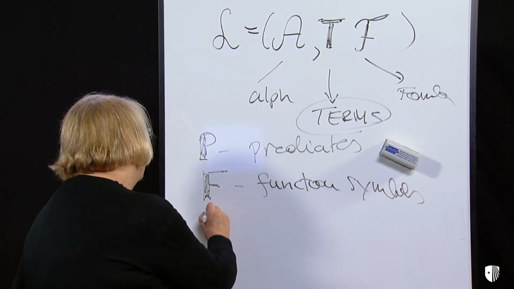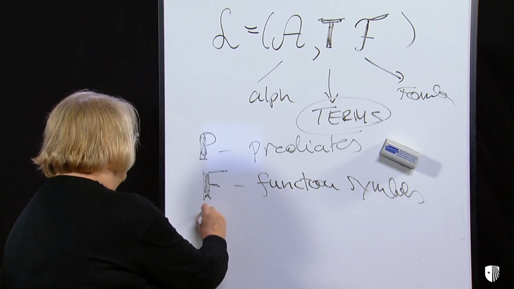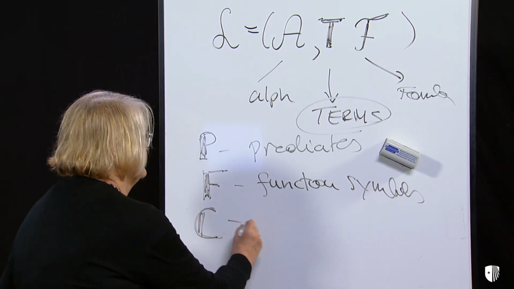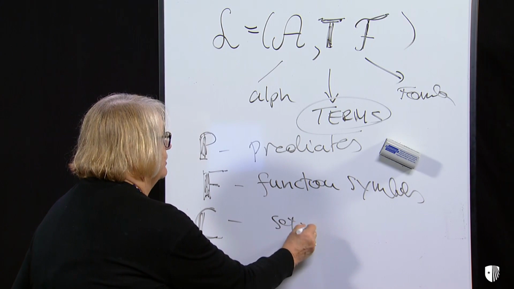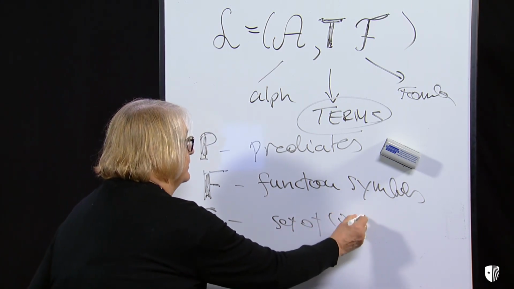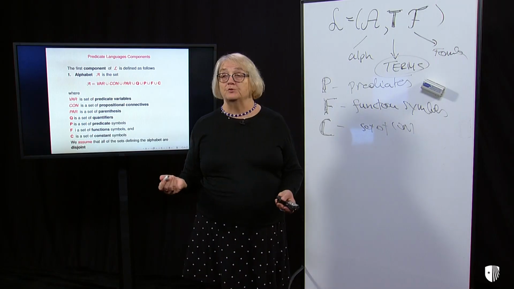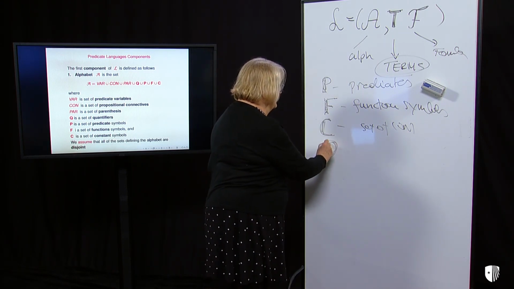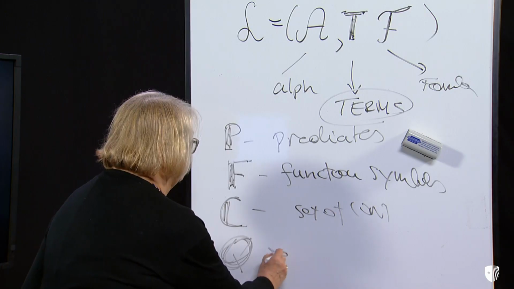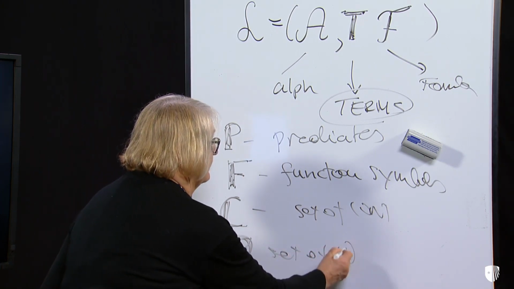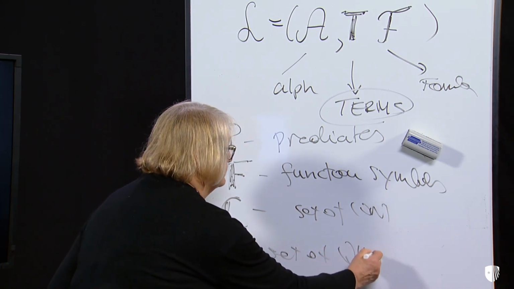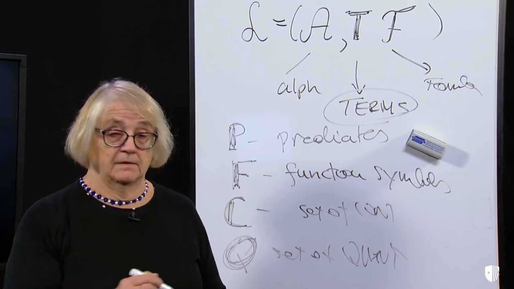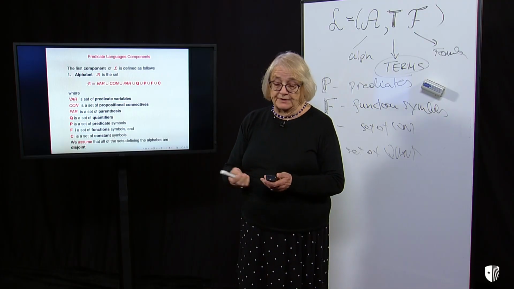And we also have C, which is the set of constants. And also, of course, we have Q, which is a new thing, the set of quantifiers. And of course, they are all disjoint.